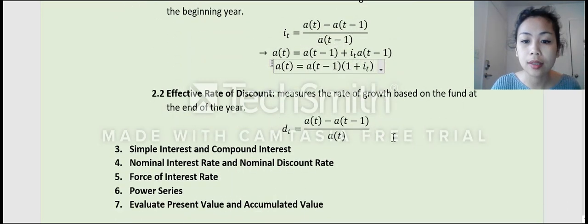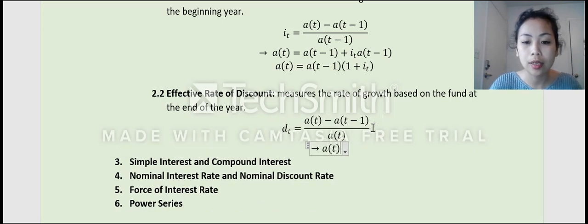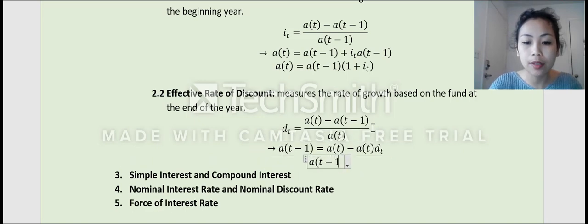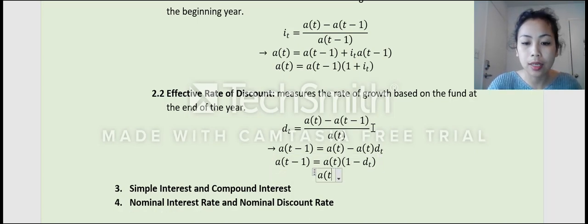And from the second formula, we have A(t minus 1) equal to A(t) minus A(t) times d_t. So A(t minus 1) equal to A(t) times (1 minus d_t), or A(t) equal to A(t minus 1) times (1 minus d_t) to the negative 1.